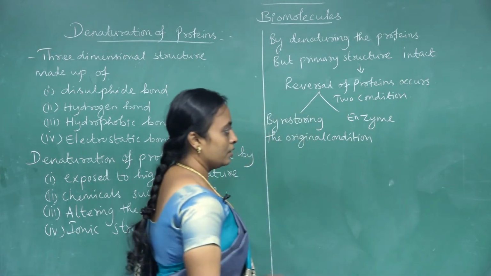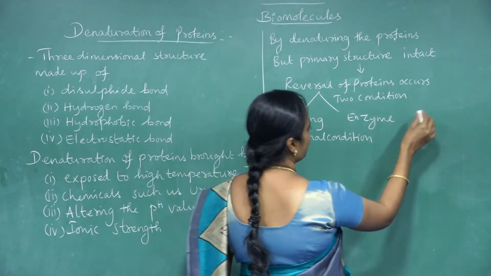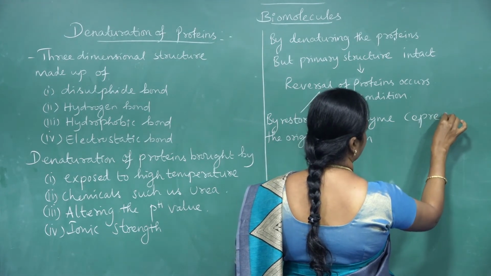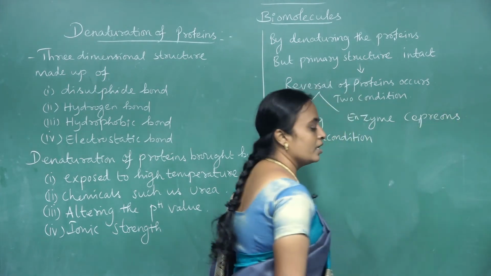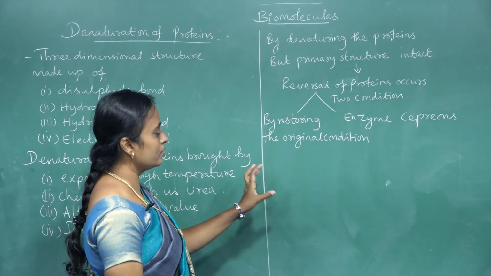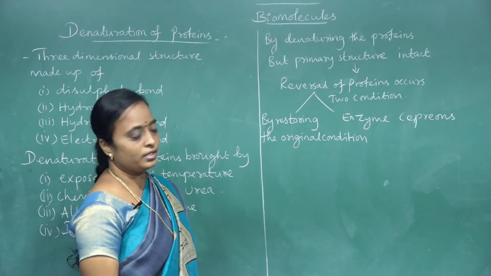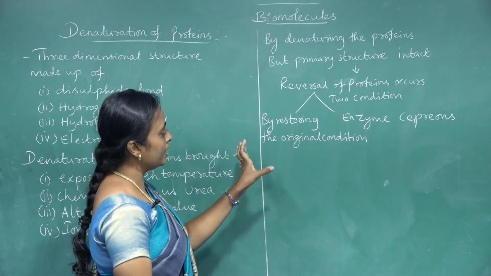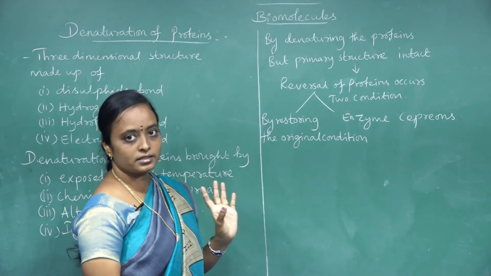The enzyme is named as safranes. By using the enzyme safranes, you can bring about the reversal of a protein. So anyway, we are losing the structure, but the primary structure is intact.